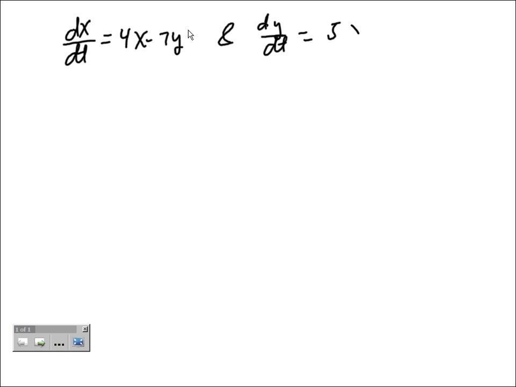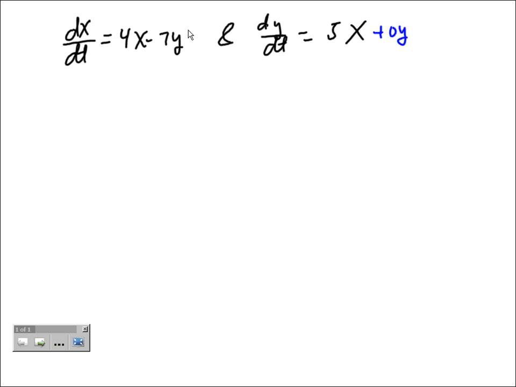Suppose that you were told that dx/dt is equal to 4x minus 7y, and dy/dt is equal to 5x, which also means plus 0 y's. You can always add 0, and 0 times y is 0. Never ever be afraid to add 0, and never ever be afraid to multiply by 1.